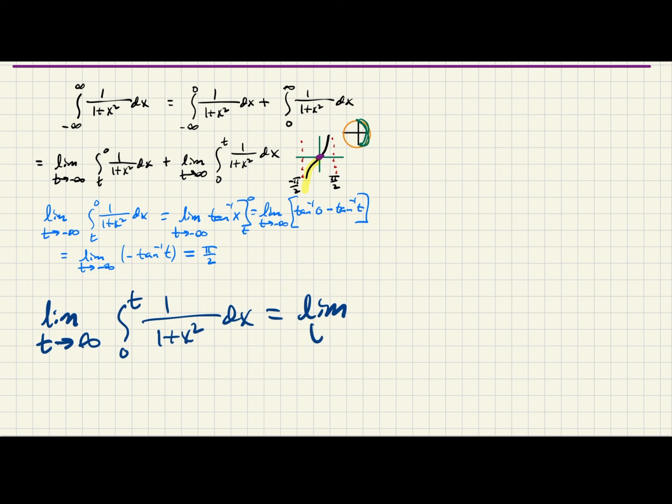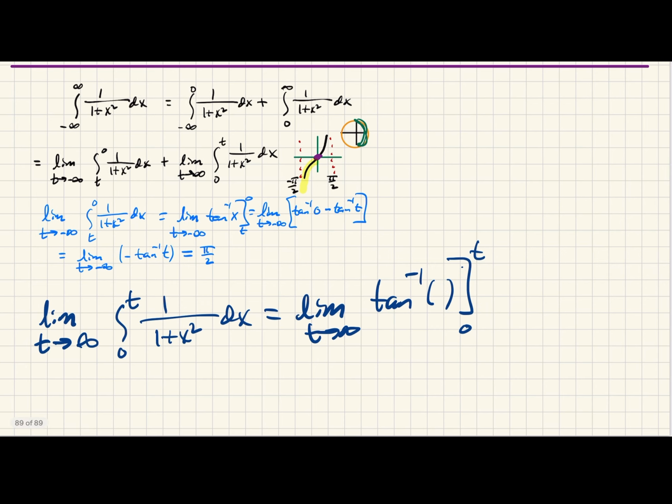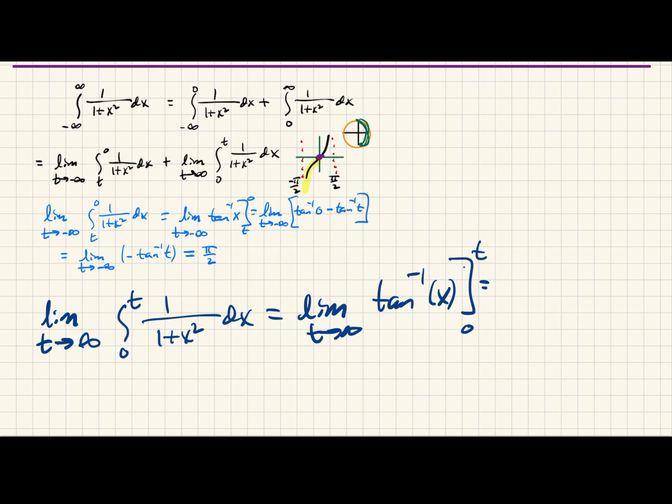So we have the limit as t goes to infinity of inverse tangent of x evaluated from 0 to t. This will be inverse tangent of t minus inverse tangent of 0. We already know what that is. That's still 0.